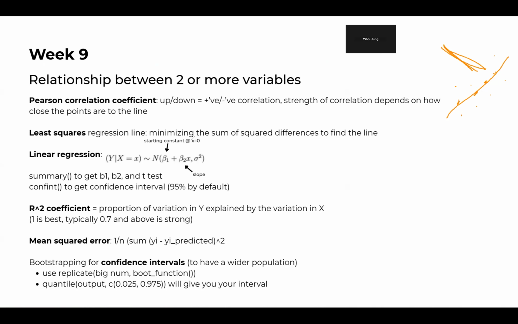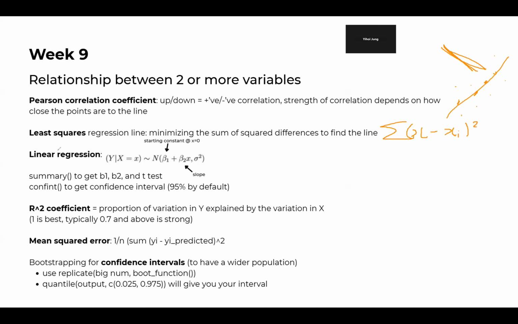Then there's least squares, which minimizes the sum of square differences. So you'd have your square differences like x minus xi, and you take the sum of that, which translates a little bit into mean squared error.